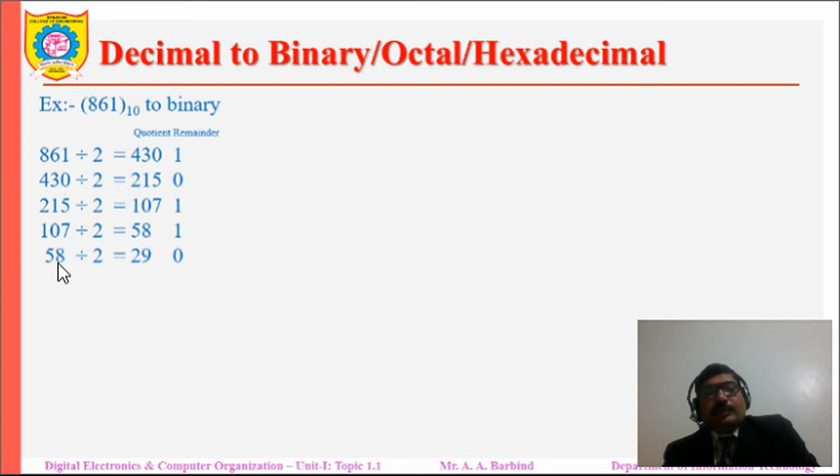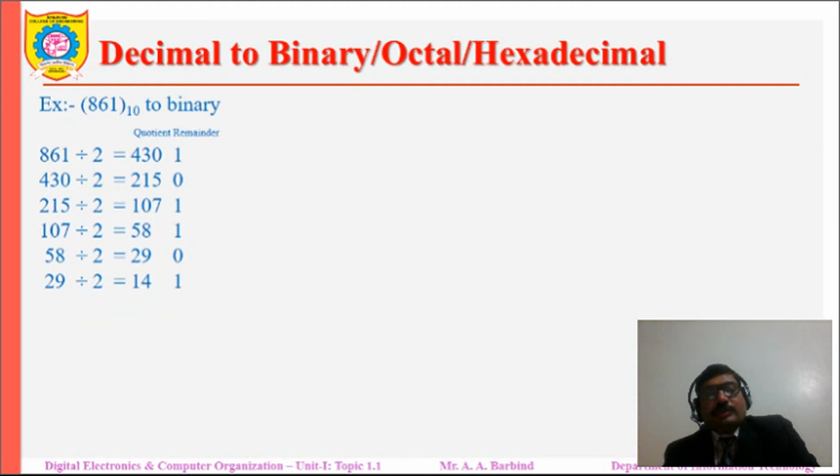After dividing 53 by 2, we get the quotient 26 and remainder is 1. After dividing 26 by 2, we get the quotient 13 and remainder 0.